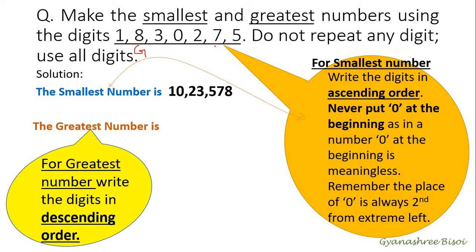Next to 8, we need to write 7. So from extreme left to right we are writing. The first one will be 8. The next one will be 7. Next 5. Next 3.